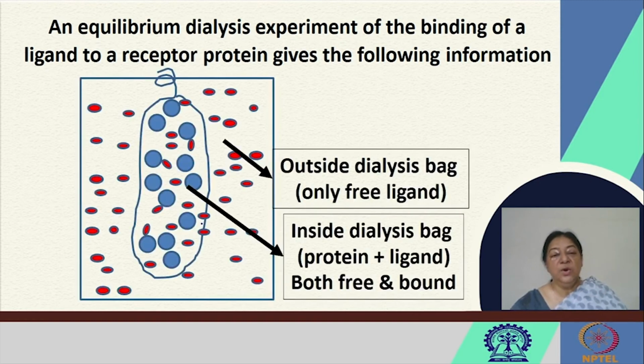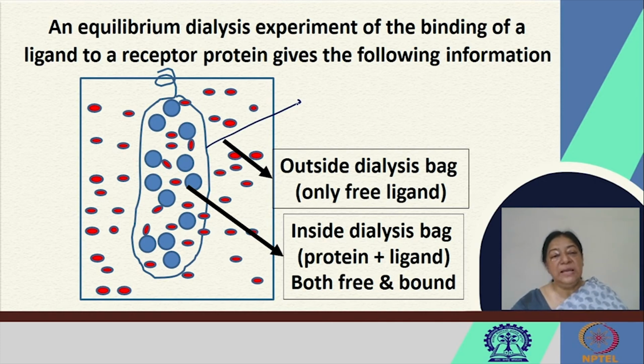We learned that we have a specific dialysis bag that is permeable to specific molecular weight. We have this bag that has a specific molecular weight cutoff, allowing any molecule that has a molecular weight less than the cutoff of the dialysis bag to pass freely through the membrane.